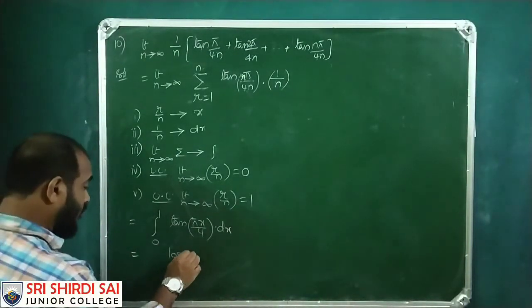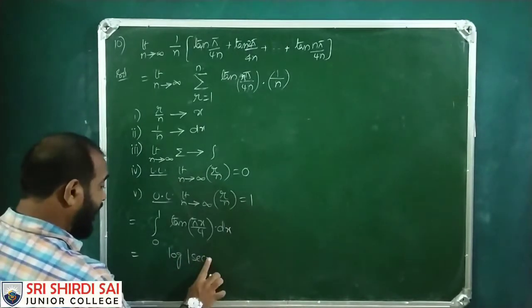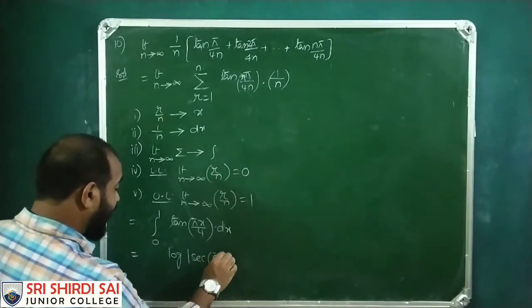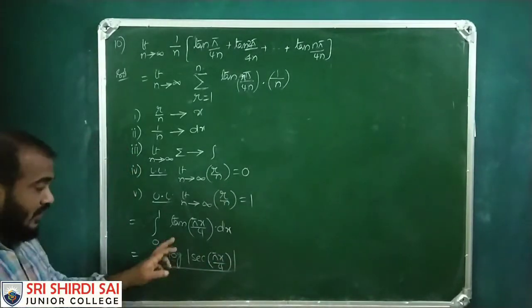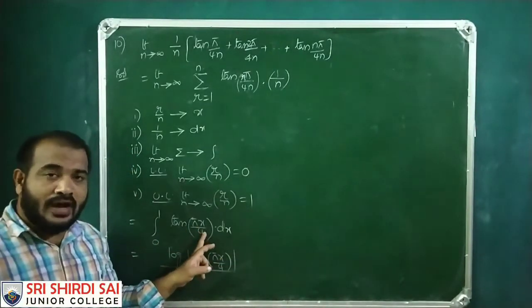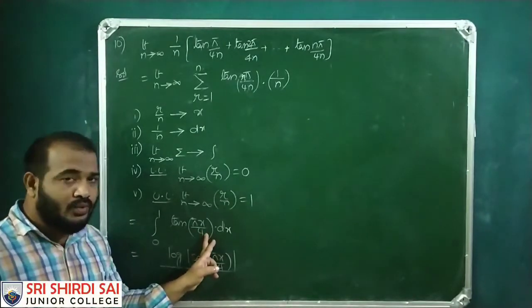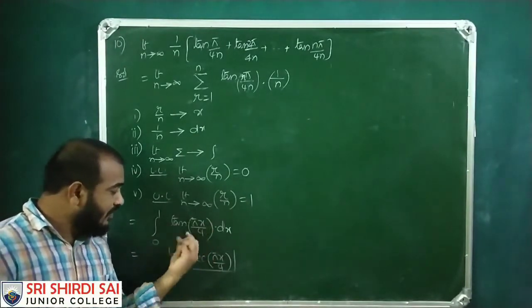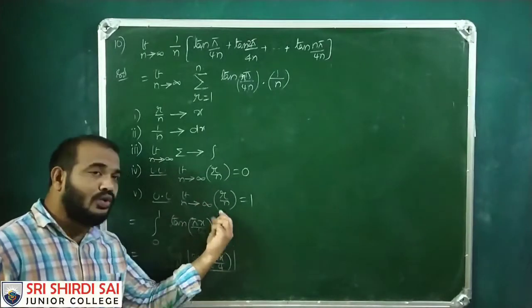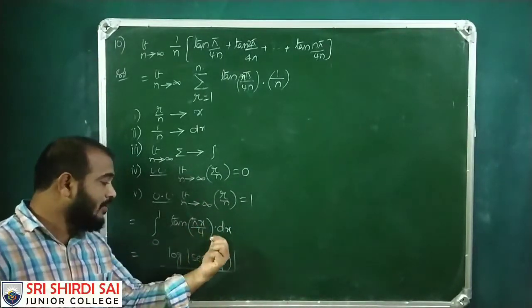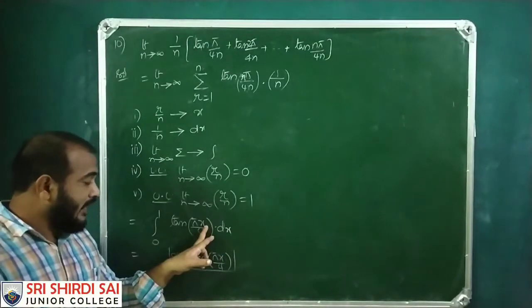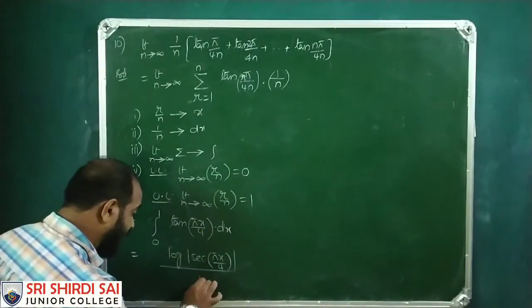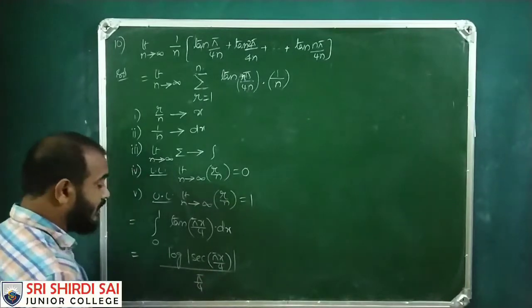So log modulus of secant x, with pi x by 4 here. See, the integral of tan x I know, but the integral of tan pi x by 4 I don't know. So I have treated pi x by 4 as a whole to be x. Then it has become integral tan x, log mod secant x by the x quotient, which is pi by 4, with which I have to divide.